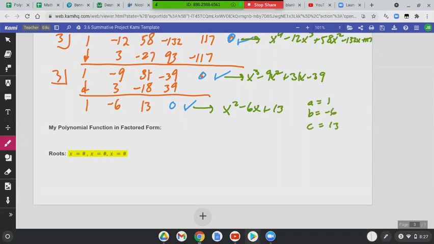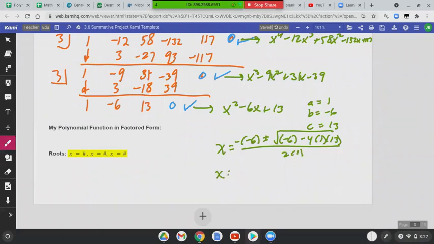I'm going to use the quadratic formula. x is equal to the opposite of B. So the opposite of negative 6 plus or minus the square root of B squared minus 4 times A times C, all over 2A.